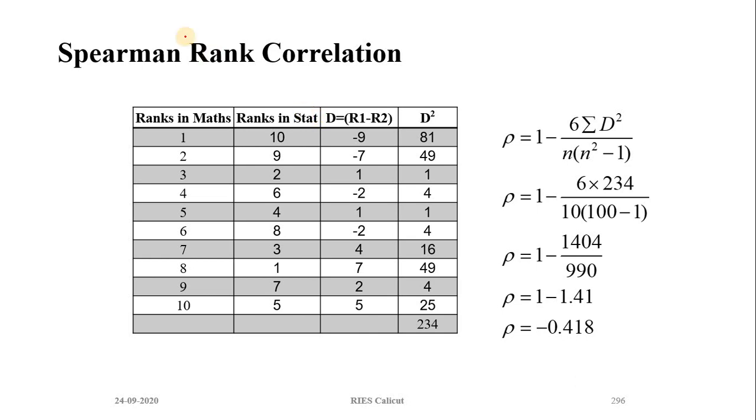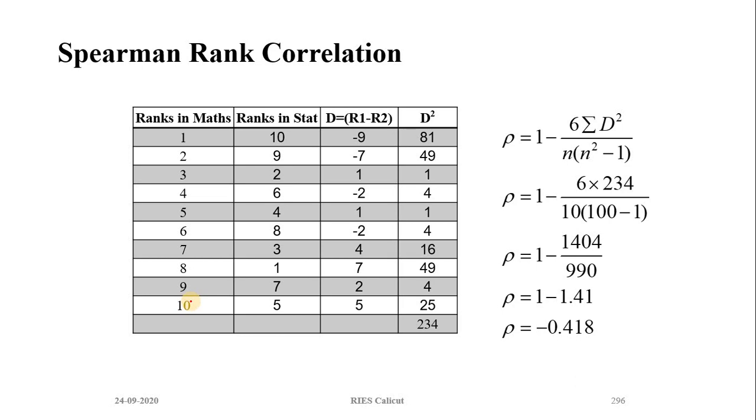The first student's rank in mathematics is 1, but rank in statistics is 10. The second student's rank in maths is 2, but rank in statistics is 9. Similarly we have the other ranks, and the person who got the last rank in maths has got fifth rank in statistics. Here we don't have their marks.